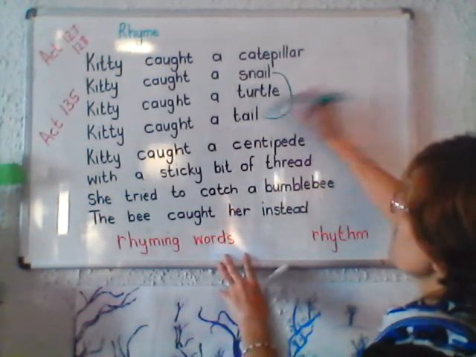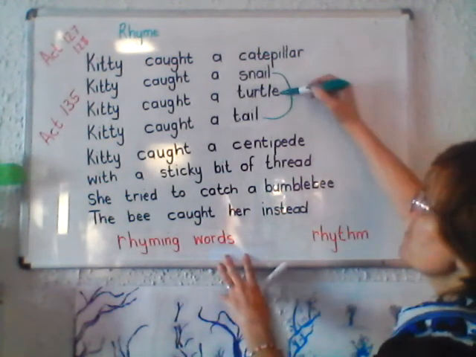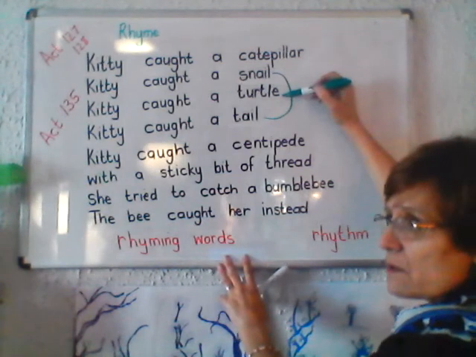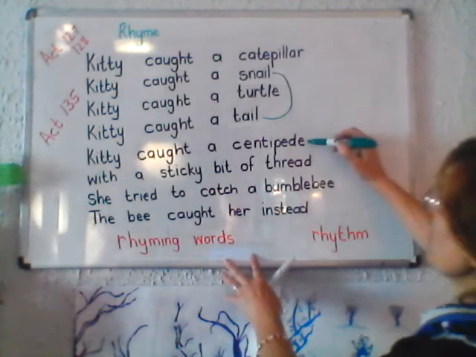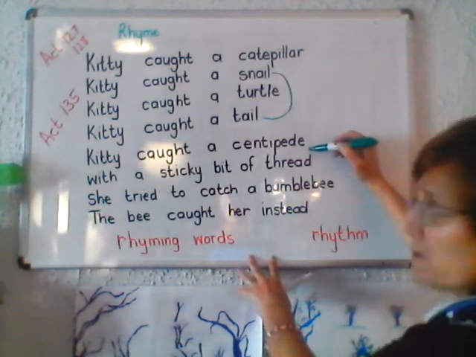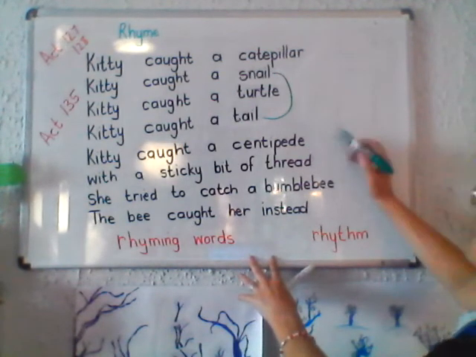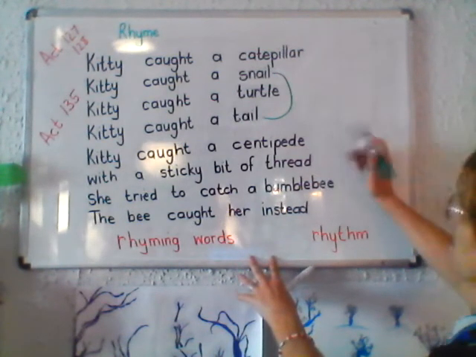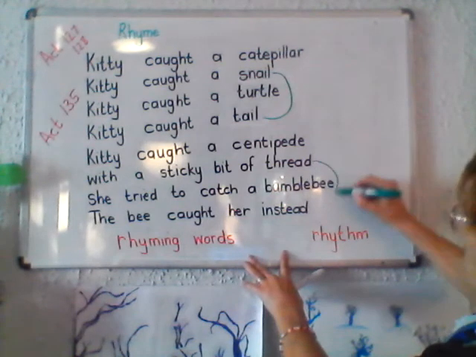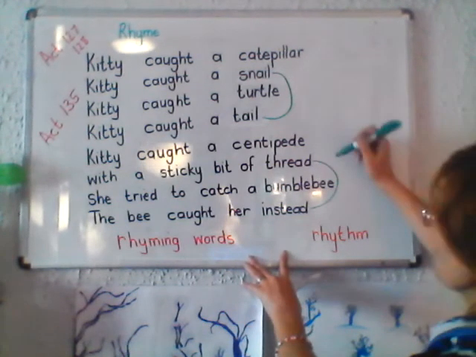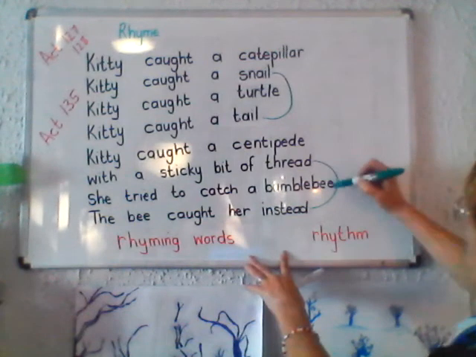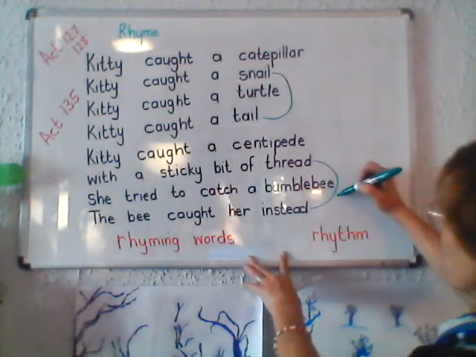Tail rhymes with snail. Anything that rhymes with turtle? No, nothing. Anything that rhymes with centipede? Nothing. Anything that rhymes with thread? Instead. I know that you know these rhyming words. And there's nothing that rhymes with bumblebee.